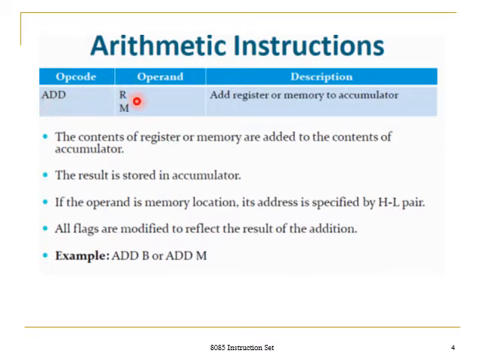So for any arithmetic or logical operation, one data comes from any of the registers B, C, D, E, H, L or from the memory, and the other data is obviously from the accumulator. I also told that after completion of the arithmetic or logical operation, the result is stored in the accumulator. And remember that if the operand is a memory location, its address is specified by the HL register pair.